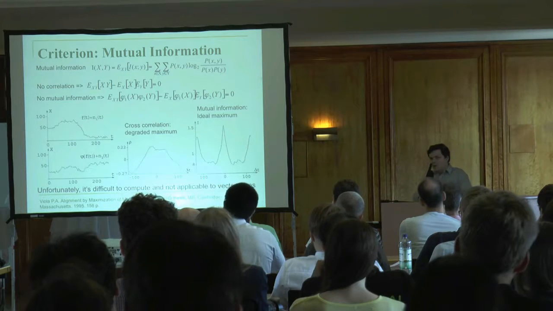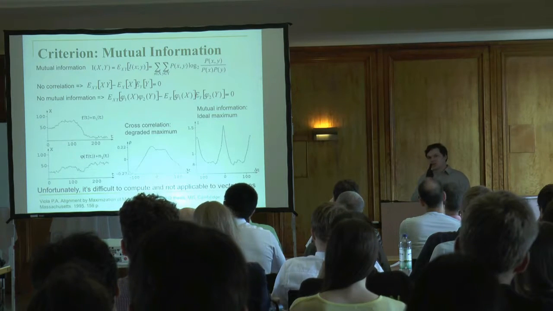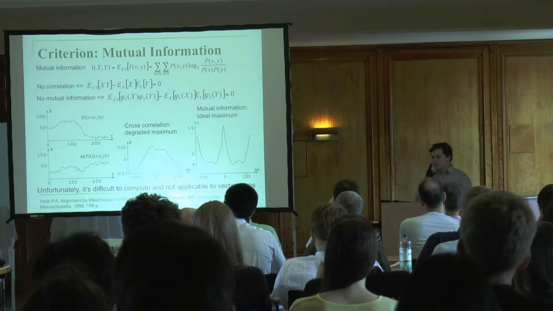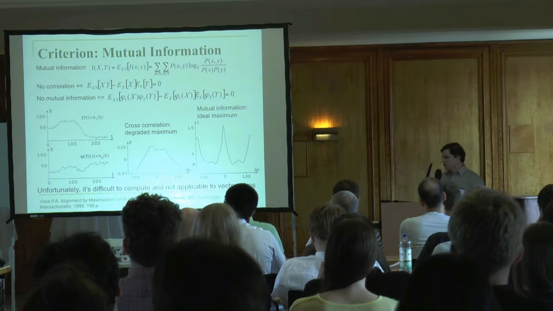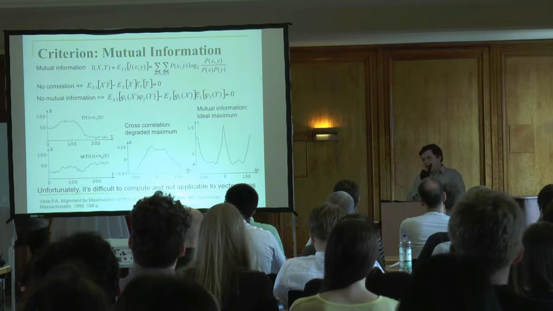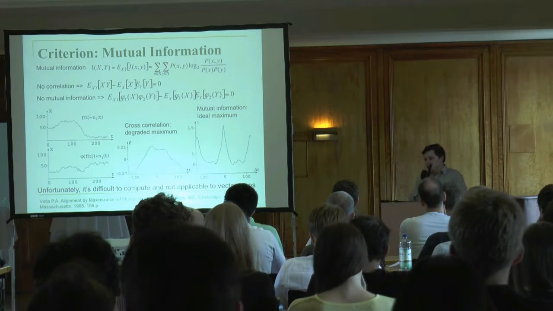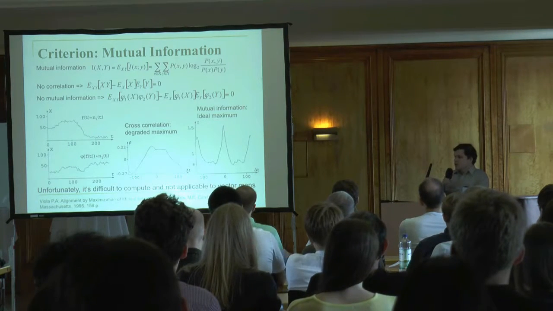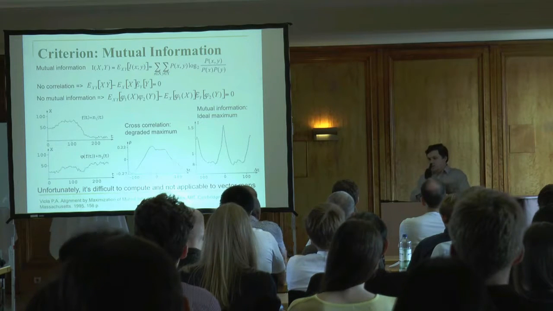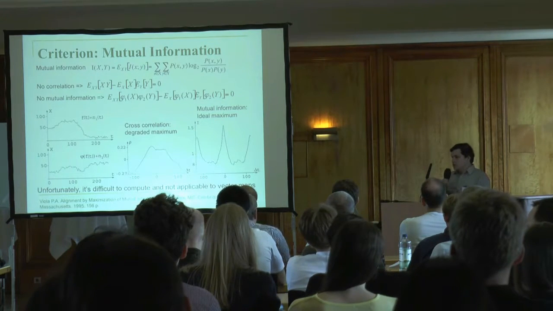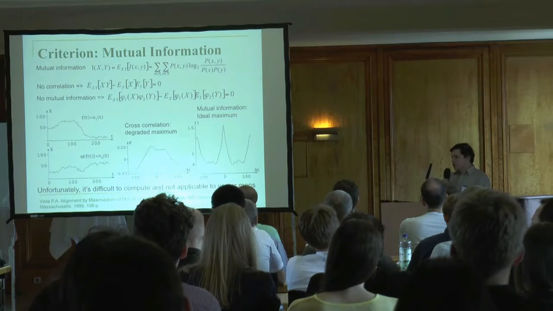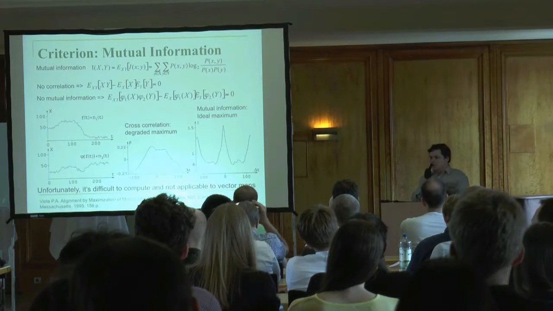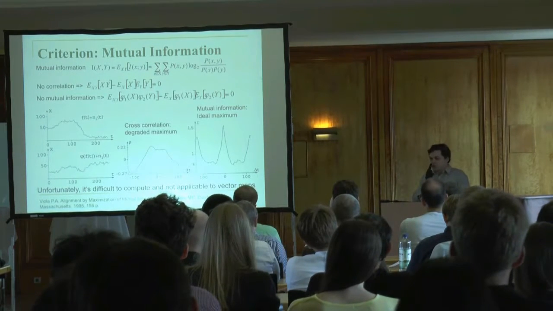For example, if we have two noisy signals, and they are connected with each other by some nonlinear transformations, then correlation will degrade faster, while the mutual information criterion will give us a very sharp extremum. So we can use this criterion to match images which are transformed by very nonlinear brightness transformations.